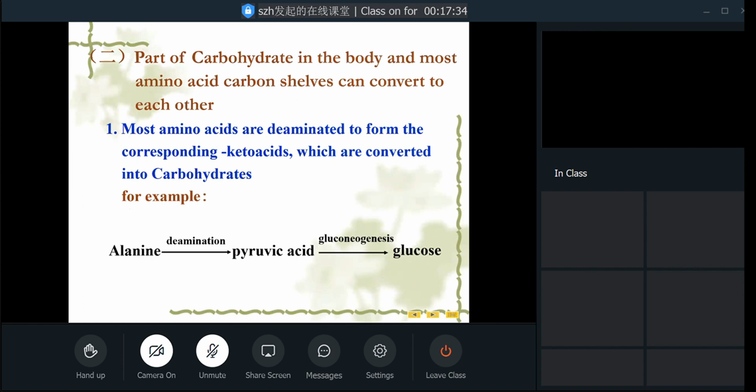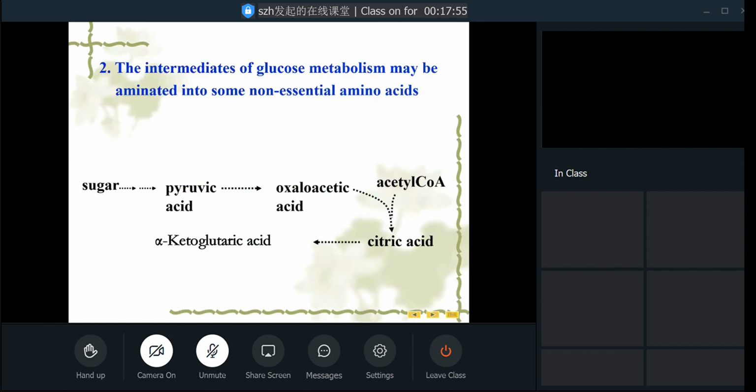And second, you can say the part of the carbohydrate in the body and most amino acid carbon skeletons can be converted to each other. For example, alanine can be used to produce the glucose, converted into the carbohydrate. And second, intermediates of the glucose metabolism may be aminated to produce the amino acid.